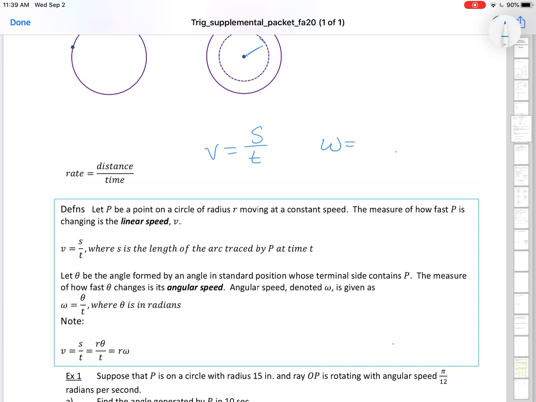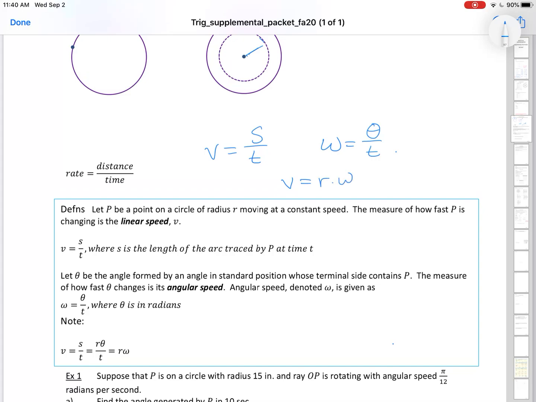This isn't earth-shattering either. Omega is how far you've traveled in radians over the time it took you to do that. And what they want you to know is that there's a slick way to get the change in velocity. It's just r times omega.